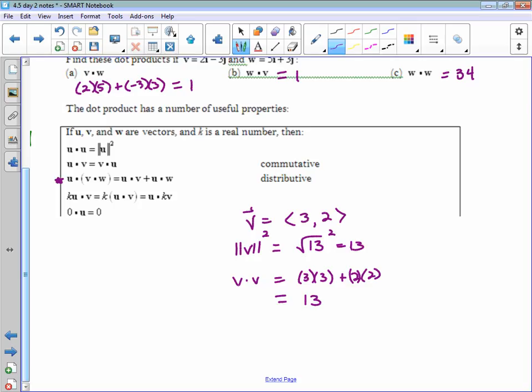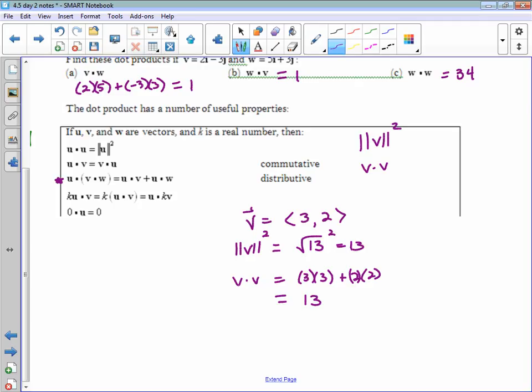Vector v squared is just v dot v. You're never going to have something like v to the 1/2. We're not going to do that. Is that what you're asking?